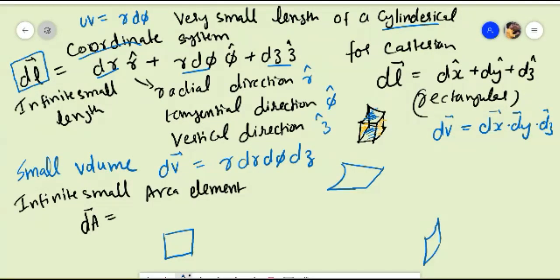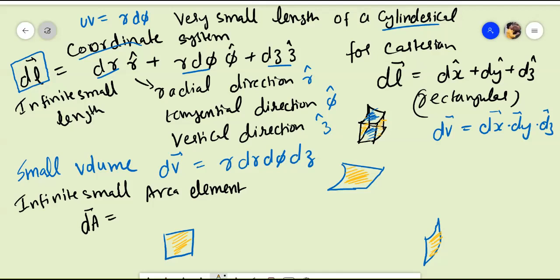Let me shade all these faces for a better view. So let us align. This is our top face and this is our side faces.